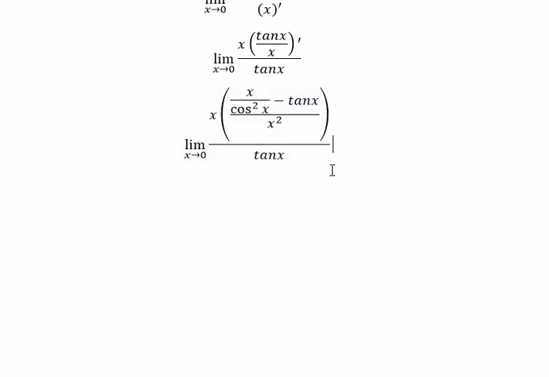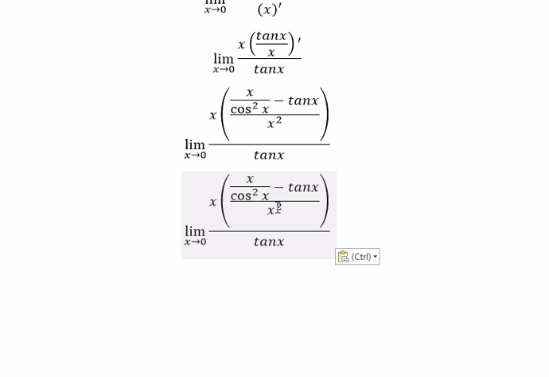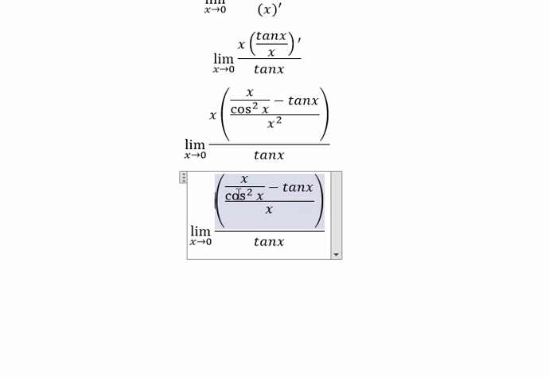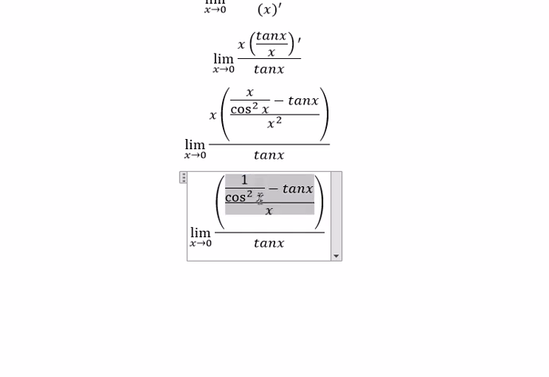Now we need to simplify this one with this one, so you get x. This one divided by this one, you get 1 over cosine squared x, and tan x divided by x.